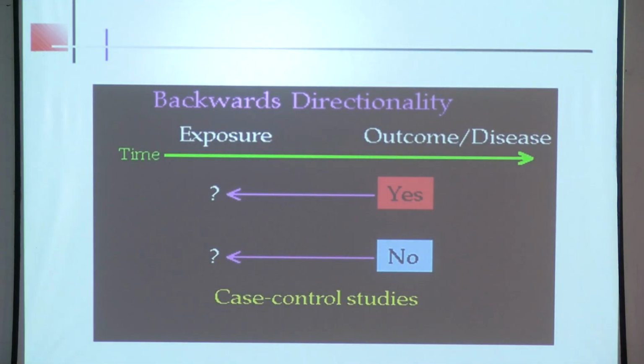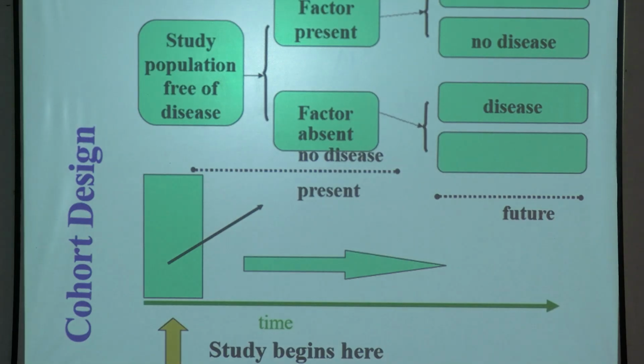So here is the case control. What has happened? The outcome has occurred in the case control. You are going backwards. The exposure is there and the outcome has already occurred. In a cohort study, the population is free of the disease, but the risk factor is present in some and absent in others. Some of them get the disease, some of them don't.